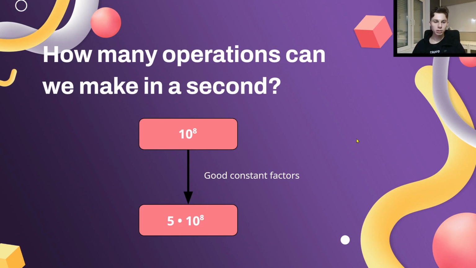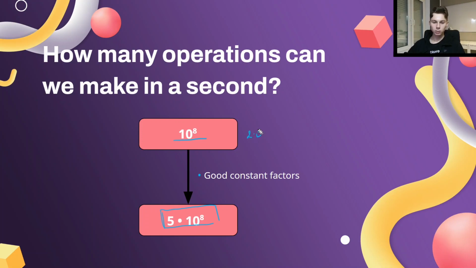How many operations can we make in a second? A good approximation is 10 to the power of 8, but with good constant factors, we can achieve 5 times that. So, if we know that our program with good constant factors can achieve 5 times 10 to the power of 8 in 1 second, in 2 seconds, we just need to multiply this by 2.